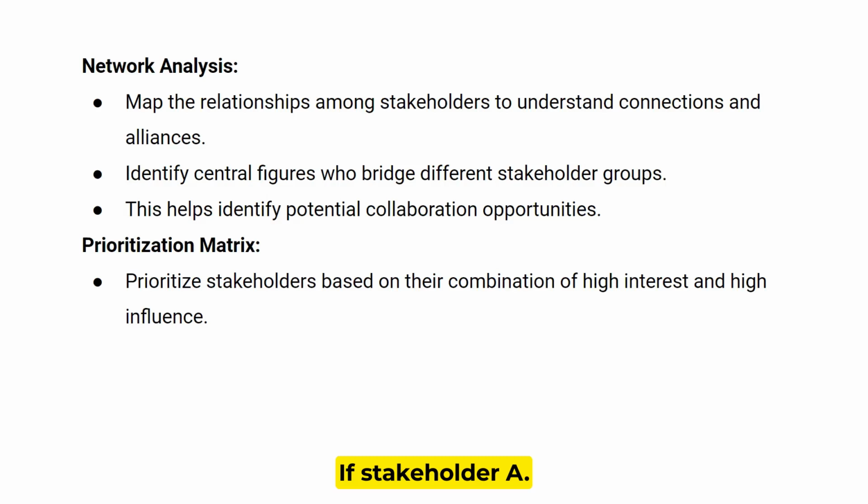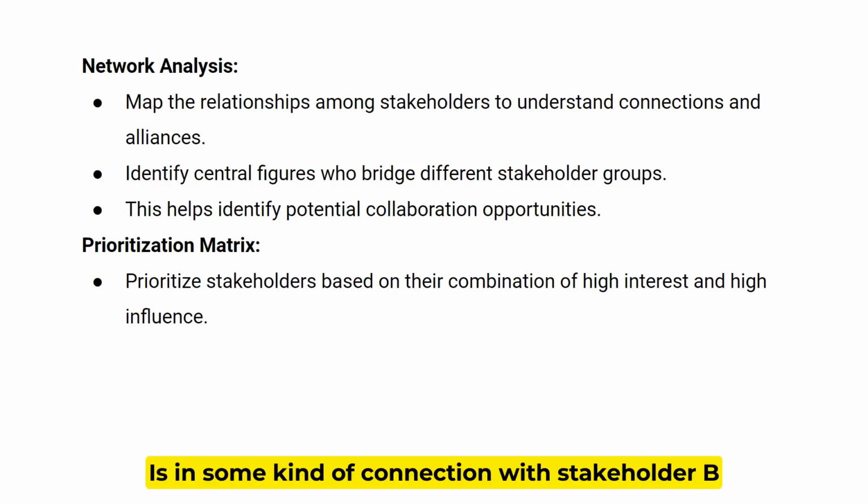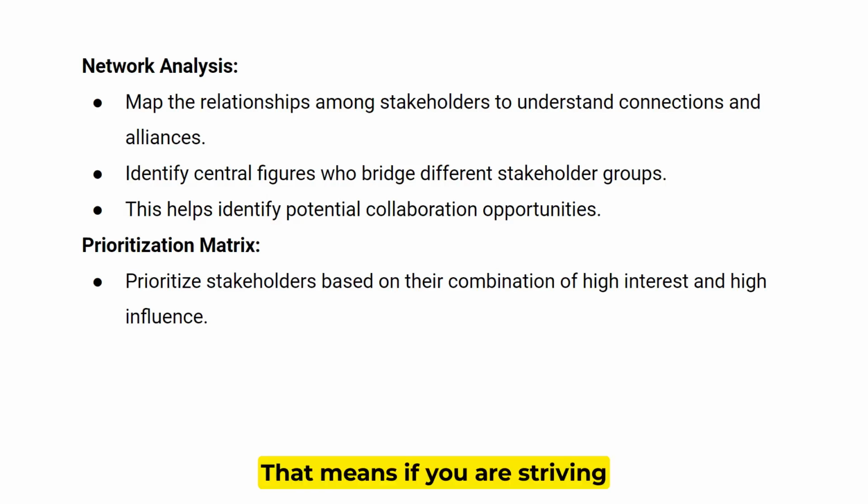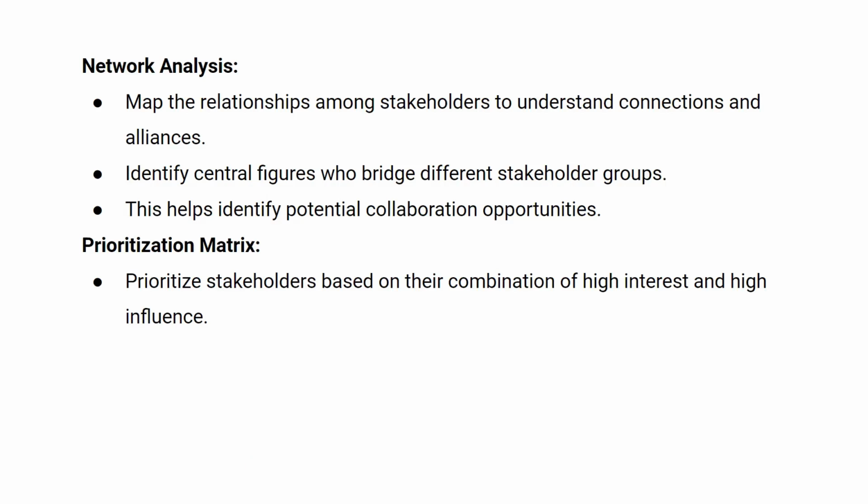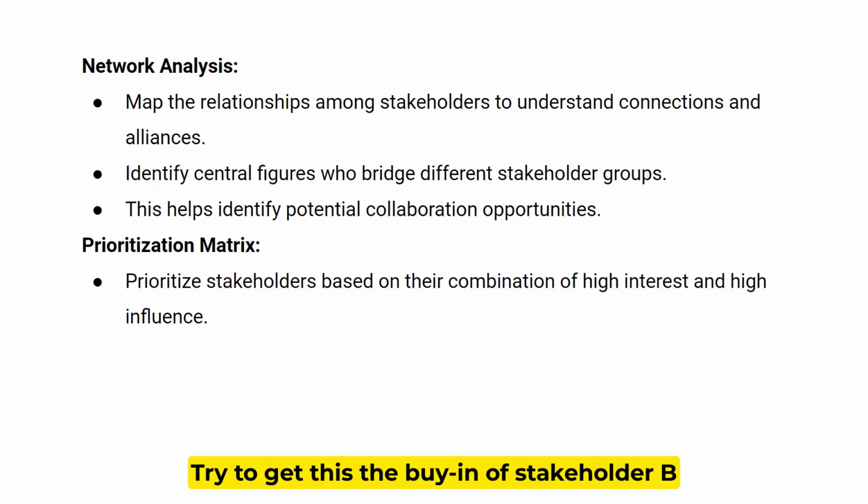If stakeholder A is in some kind of connection with stakeholder B, that means if you are striving to get the buy-in of stakeholder A, you know that you also need to strive to get the buy-in of stakeholder B, because they have some kind of relationship.